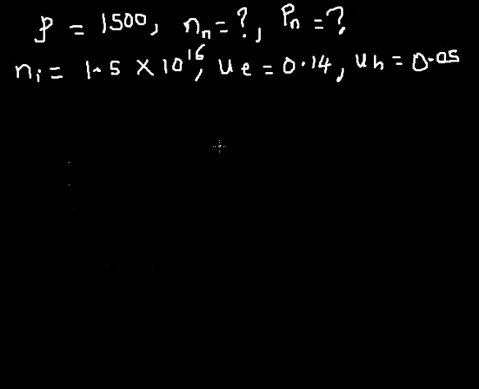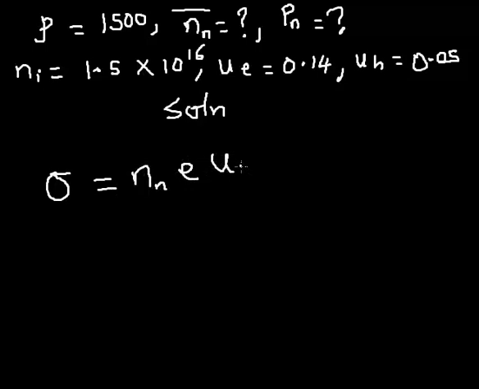The very first thing, if I want to get the concentration of the electron of the semiconductor, if you can still remember the formula, the conductivity of an N-type semiconductor is given as the electron concentration multiplied by the electronic charge, then multiplied by mu e.